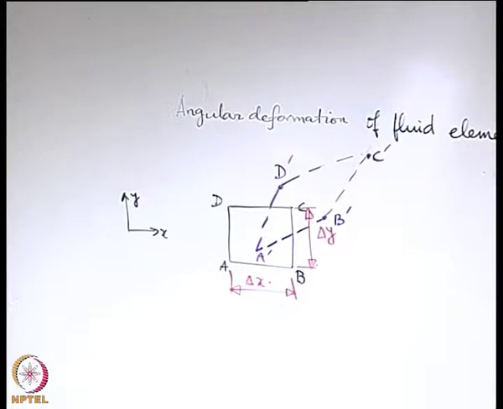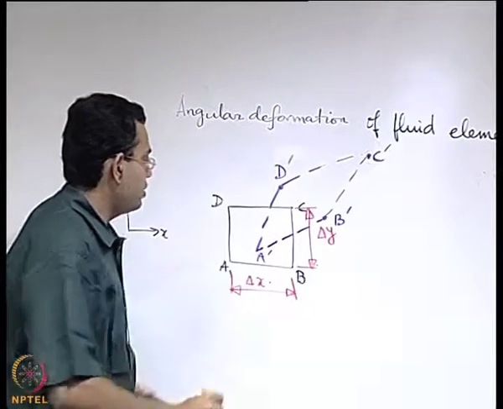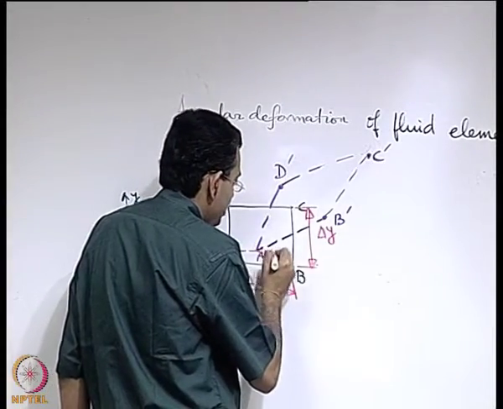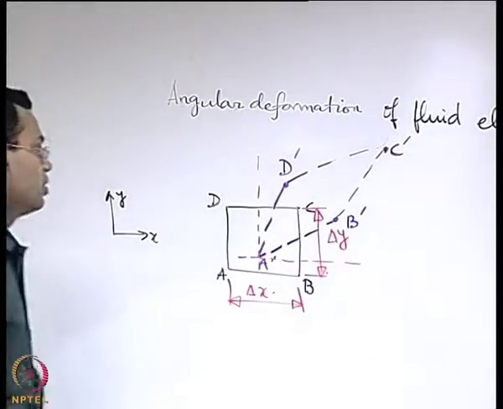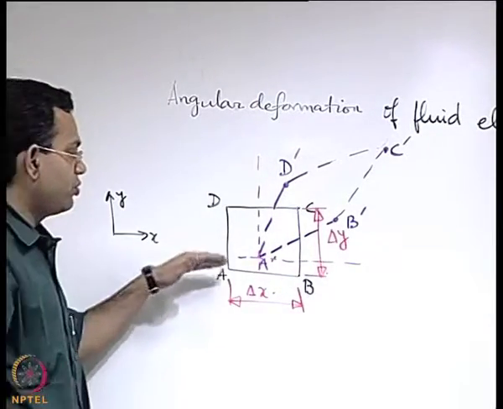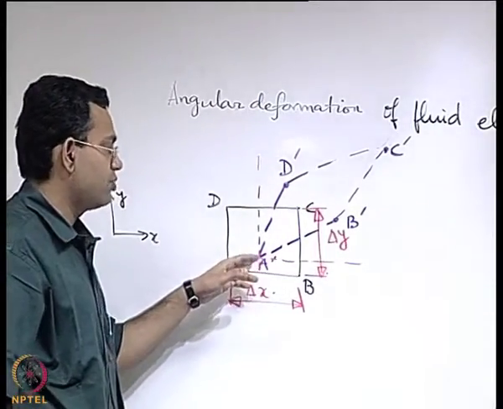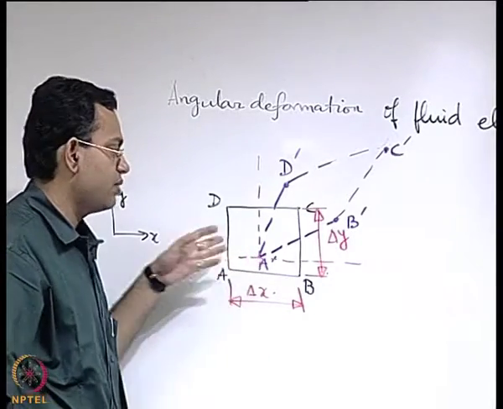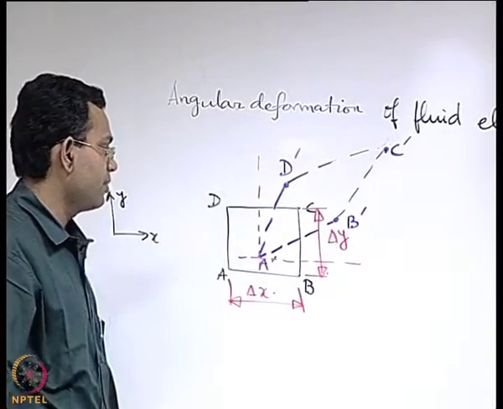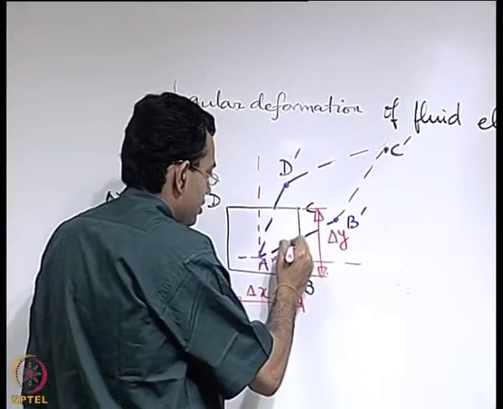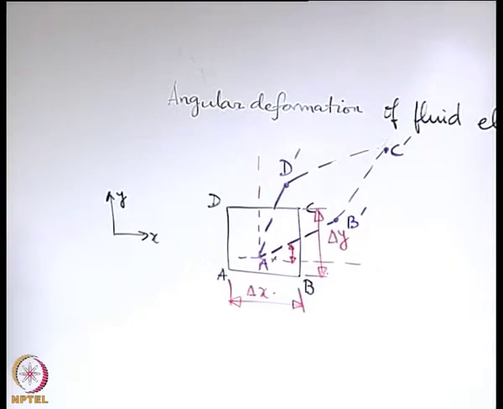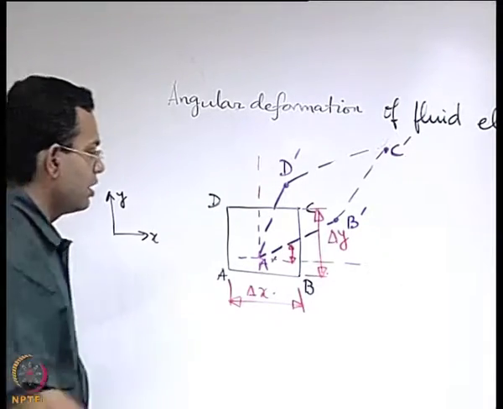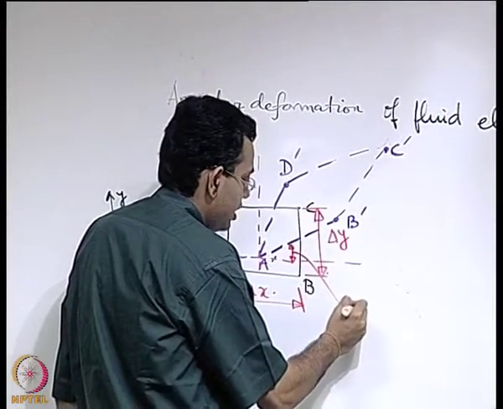Now, what are the important parameters that characterize this deformation? If you draw two lines through this new location of A, say one along x and another along y, the first important parameter that will become very apparent is this angle, say delta alpha.